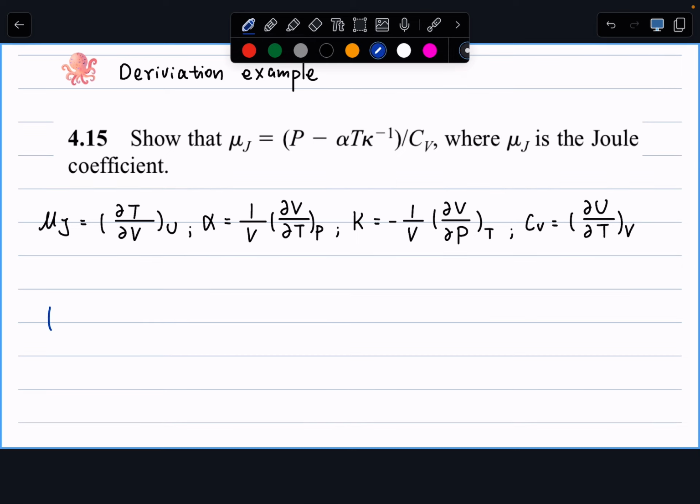Now I'm just rewriting this equation using all the definitions that we wrote out.